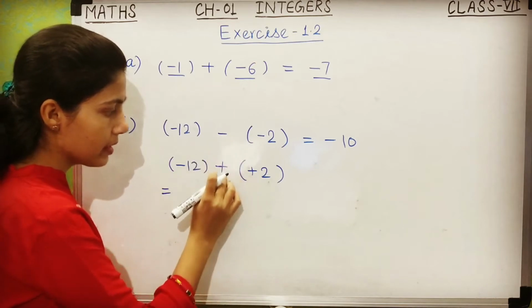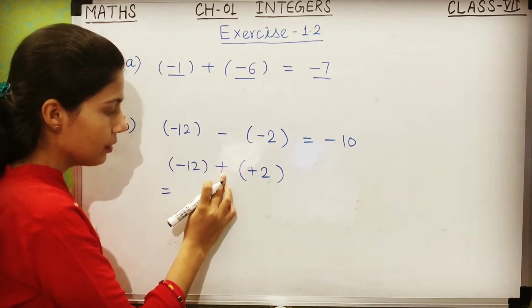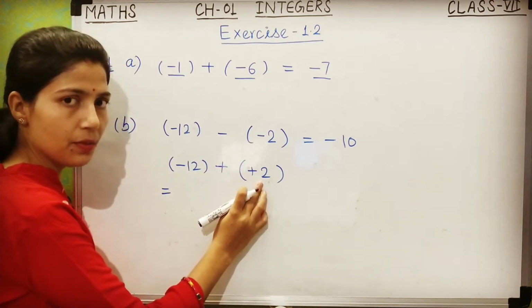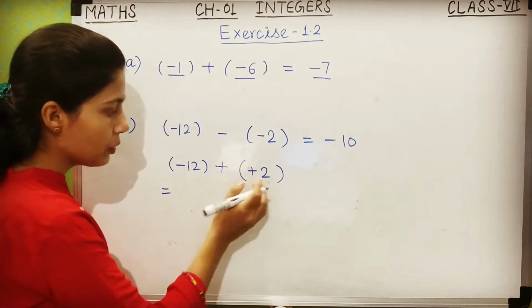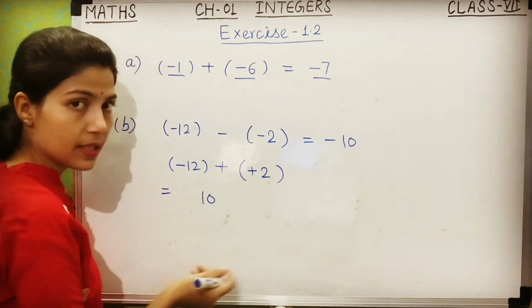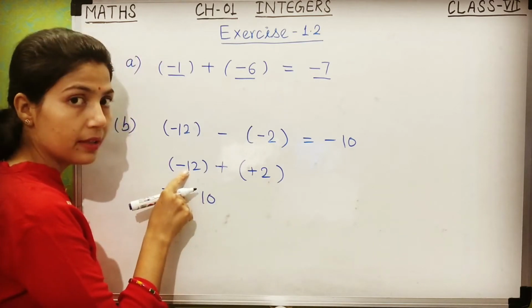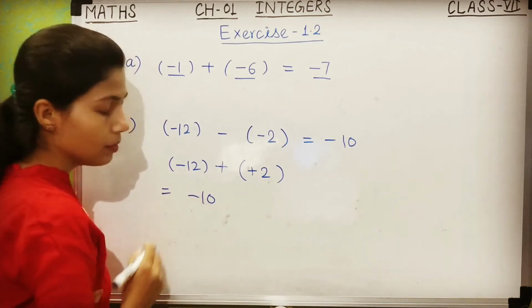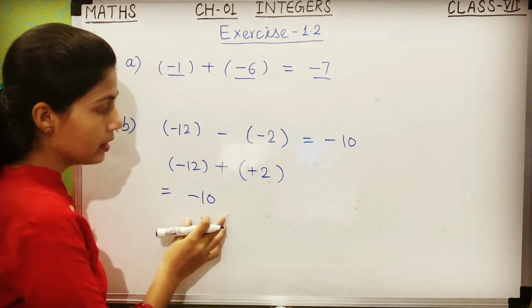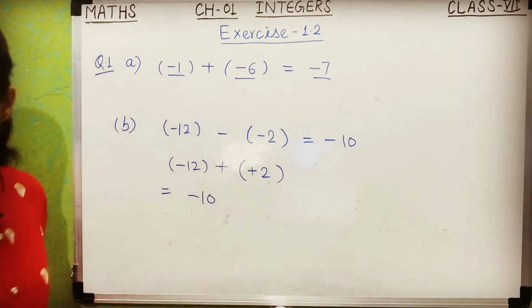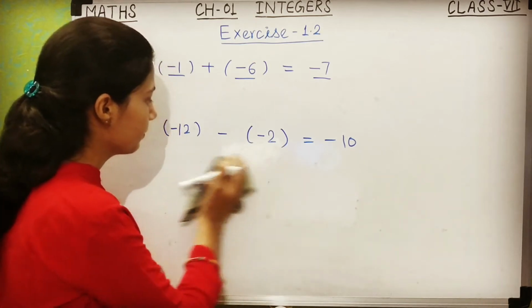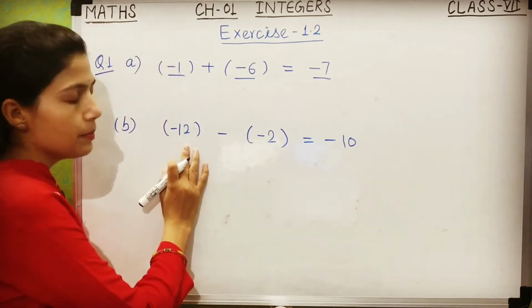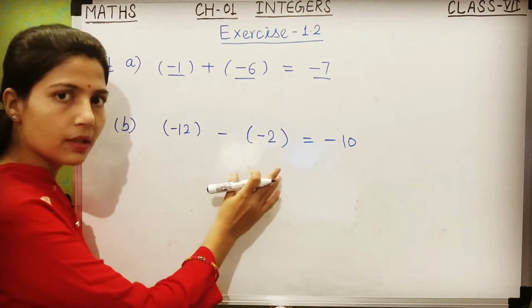Now this subtraction has changed into addition. So one is negative and one is positive, it means you have to subtract the numbers. So 12 minus 2 is 10, and the sign will go with the greater number, that is 12 here. So here we are getting minus 10. It means we have taken the integers correct.